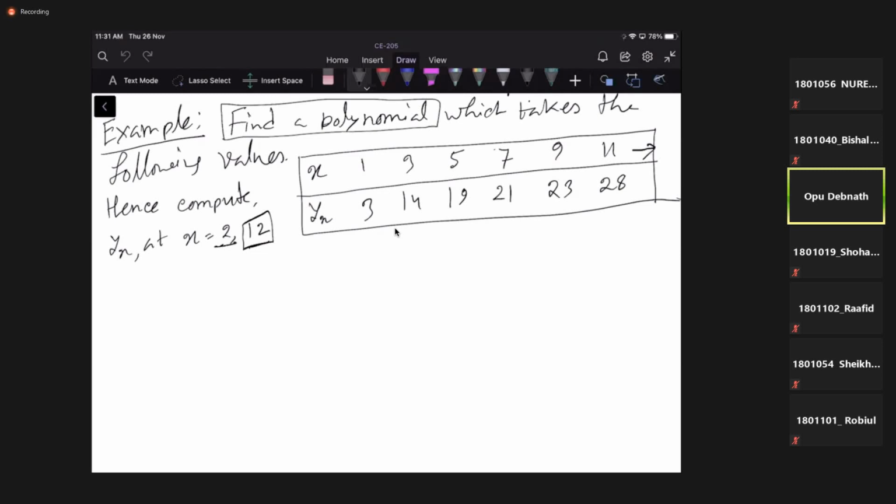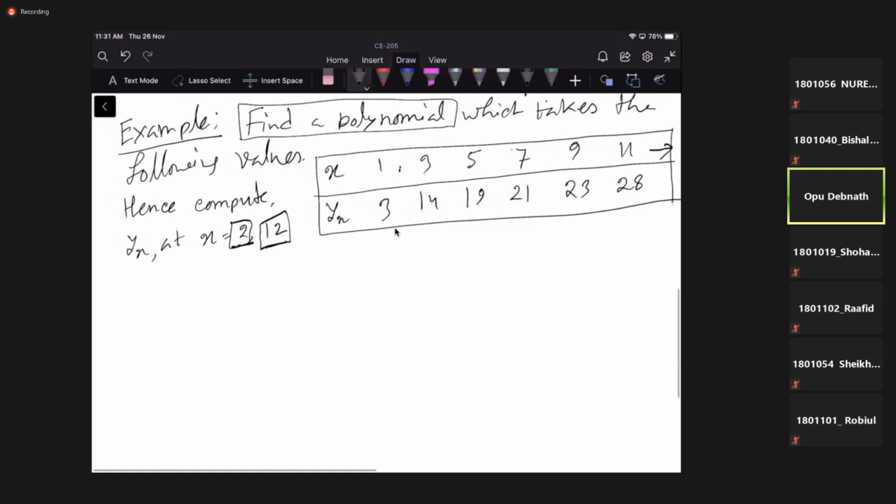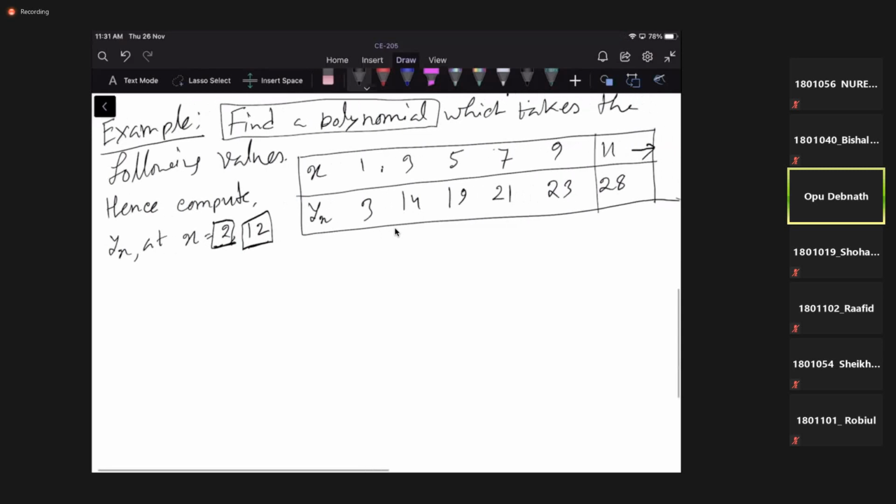As for x is equal to 2, this is in the initial zone of your data set, so you should use the forward interpolation formula, and similarly for x is equal to 12, you should use Newton's backward interpolation formula. Data is in this range.